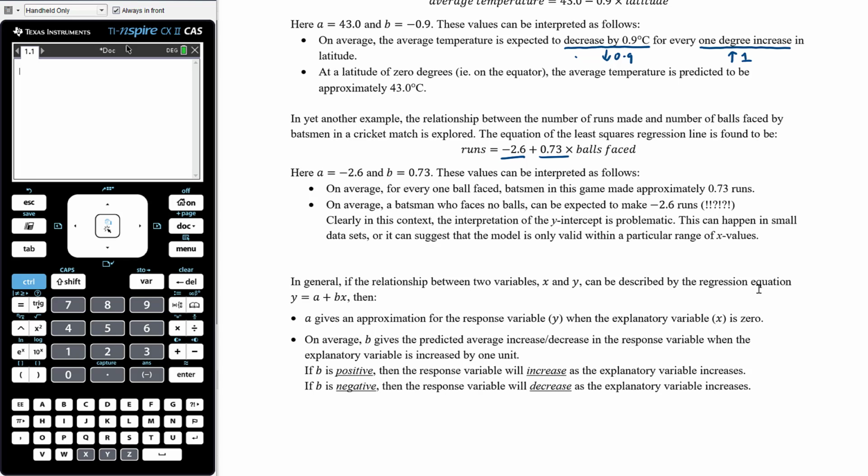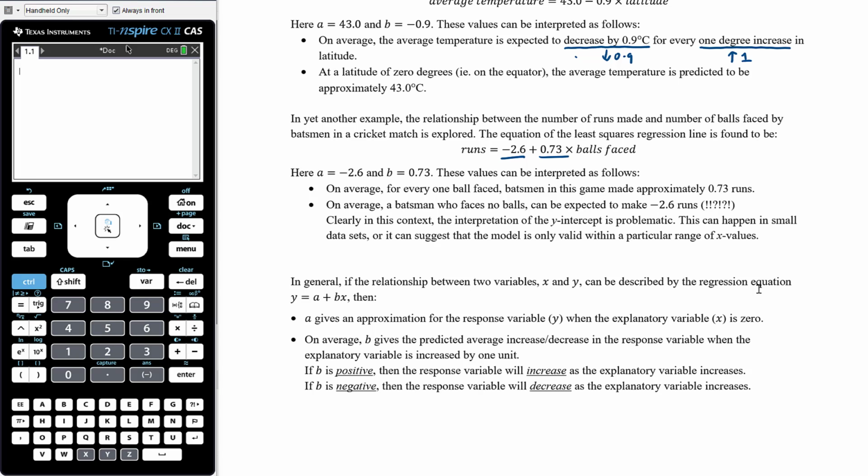On average, for every 1 ball faced, that means every time a player faces 1 ball, adding 1 to the number of balls faced, a batsman in this game made approximately 0.73 runs. Making a run, the implication is increase, but that's specific to this particular context. So increasing the number of balls by 1 increases the number of runs by 0.73, on average, approximately, etc.